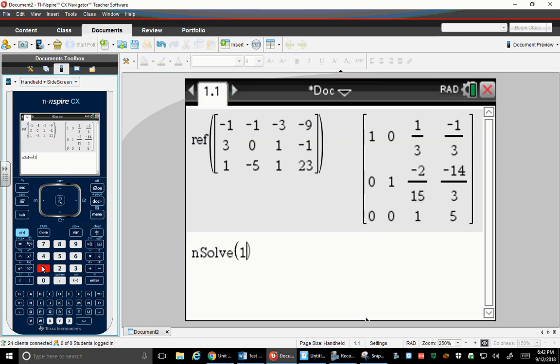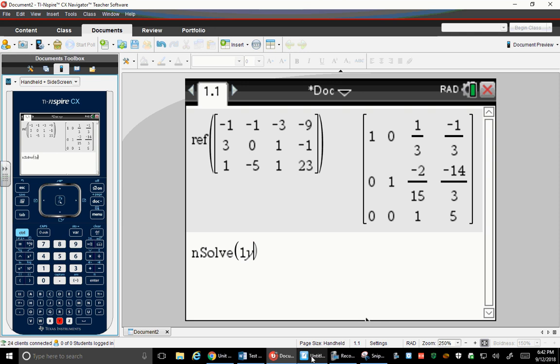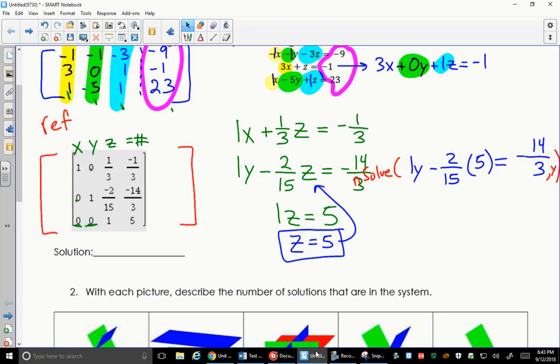All right, so I have 1y. And those of you who know that you don't have to write the 1 in front, you're fine not writing it. Minus 2 over 15 times 5. And it equals, I know it was negative 14 over 3.